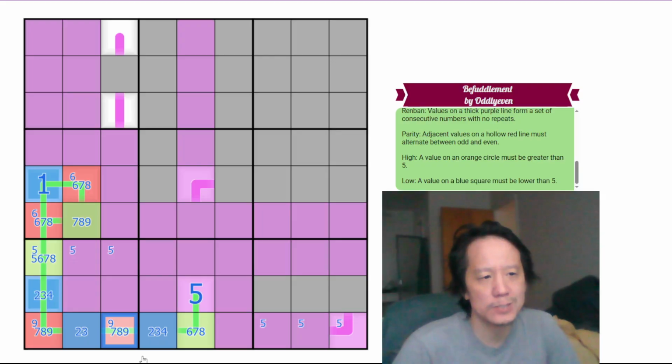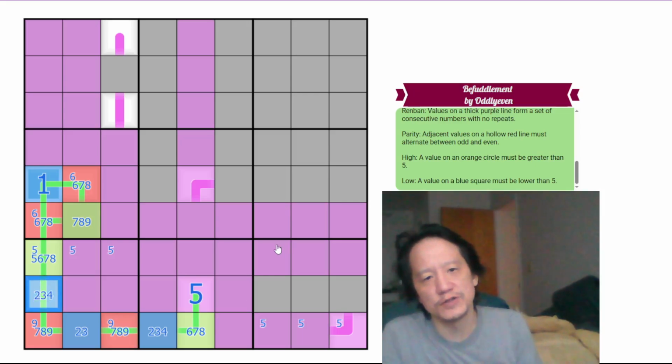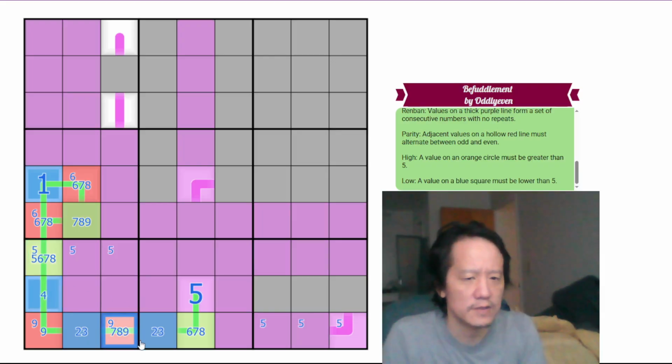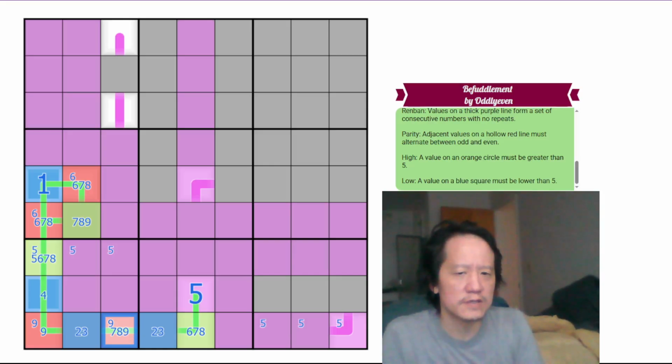Interesting. Okay, so say this was the 4. If this was 4, this is guaranteed to be 9. This cannot be the 5 doubled. It could be the 5 doubled. What am I talking about? 4 and 10 is possible. Doesn't help much.